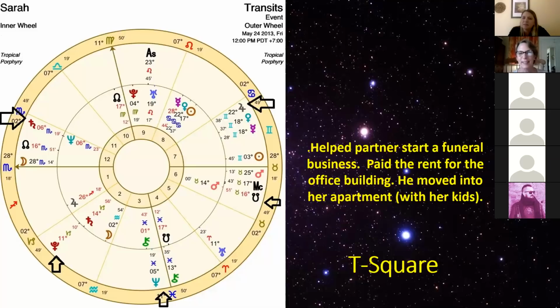Sometimes in death situations insurance comes into that picture, because people have bought insurance for their death, right? And you look at your 8th house, which is Cancer.